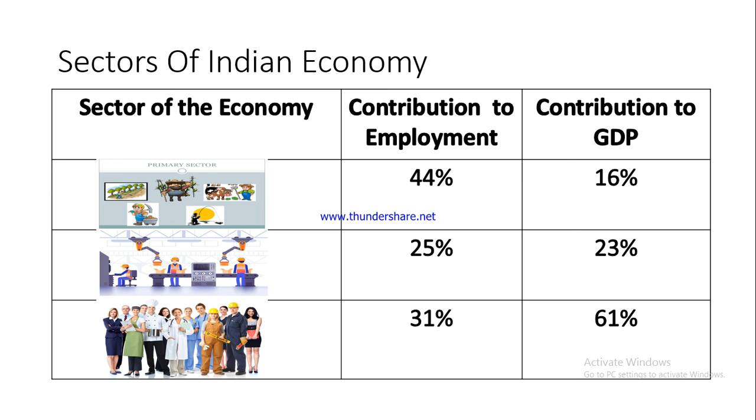Now, basically, we know that as far as the primary sector in India is concerned, the most important constituent of the primary sector is agricultural activity. So if somebody wants you to talk about the agricultural section, you have to talk about the primary sector minus the mining portion.